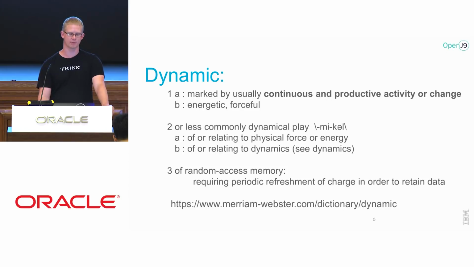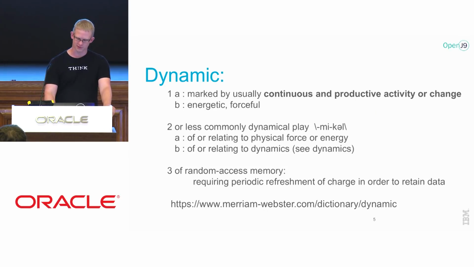And then we have dynamic, which is marked by usually continuous and productive activity or change. Right? So at this point, oxymoron or productive new tool. You're going to get to choose, and hopefully we persuade you throughout the course of this talk that it's a useful tool and not just a misnamed feature.